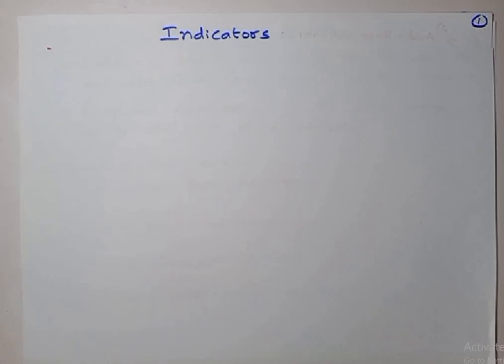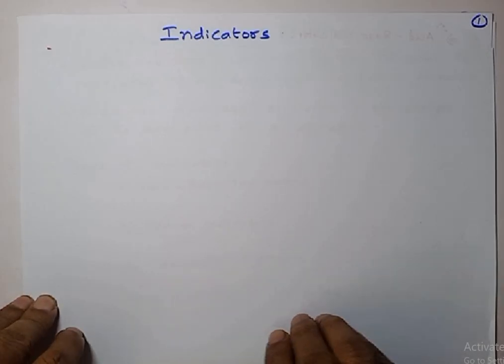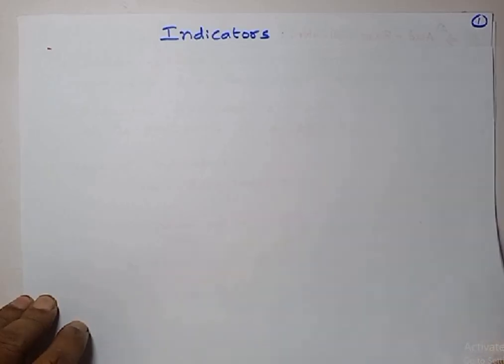Okay, so today we'll start about the indicators that we are using in volumetric titration. As I said before, what are indicators? Indicators are compounds, chemical compounds.